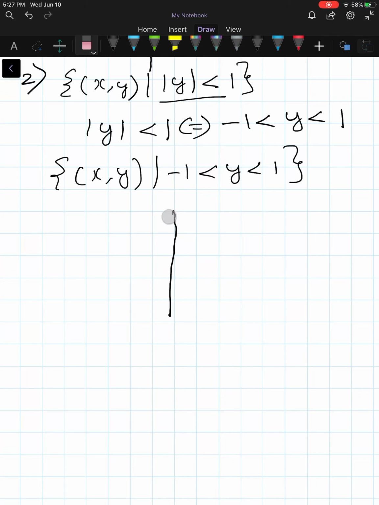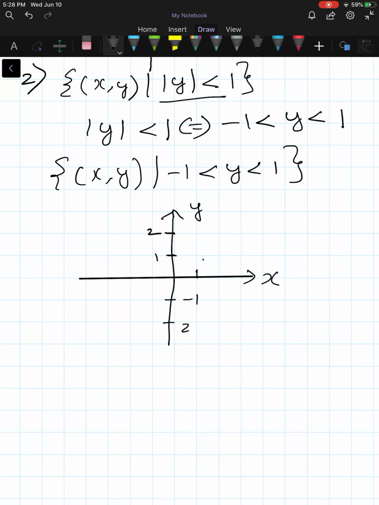My vertical lines are not straight, this is the best I can draw. So that was y and this was x. Now you have 1, 2 and -1 and -2 here, 1, 2 and -1, -2 here.